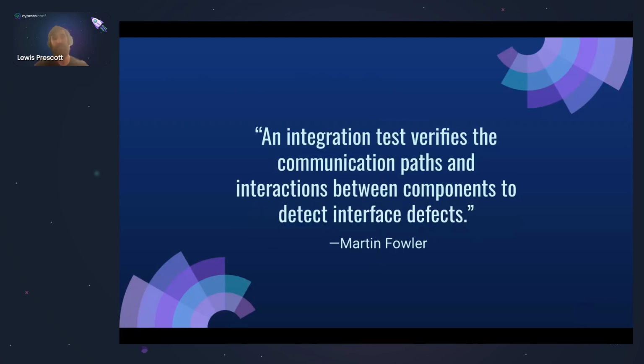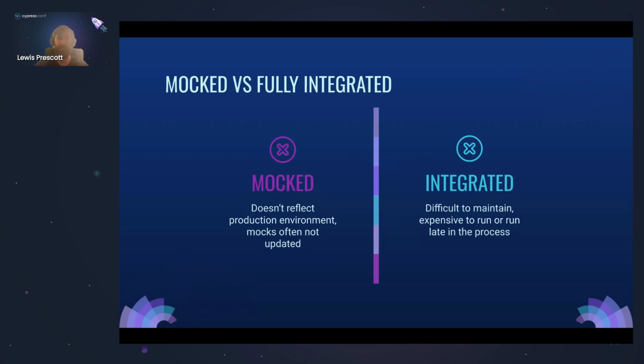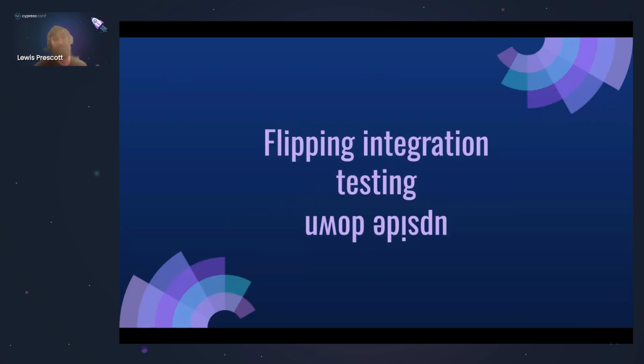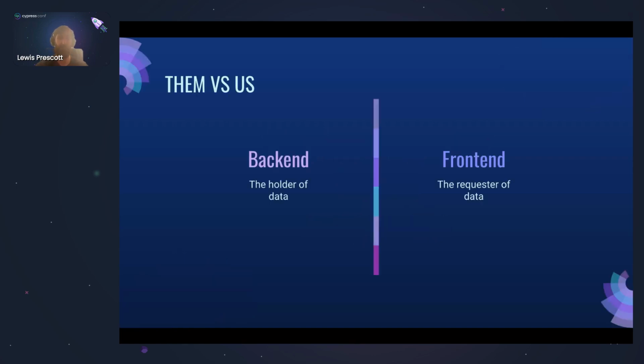We are saying we are giving an integration test between interactions between components, but we are doing that in a mocked fashion where we are passing a contract between the two components. So we're doing it in isolation, we're doing it at the boundary without having to have the two integrations running at the same time, without having to rely on those environments for us. So that's what I mean by we're flipping integration testing upside down to create a contract testing scenario.